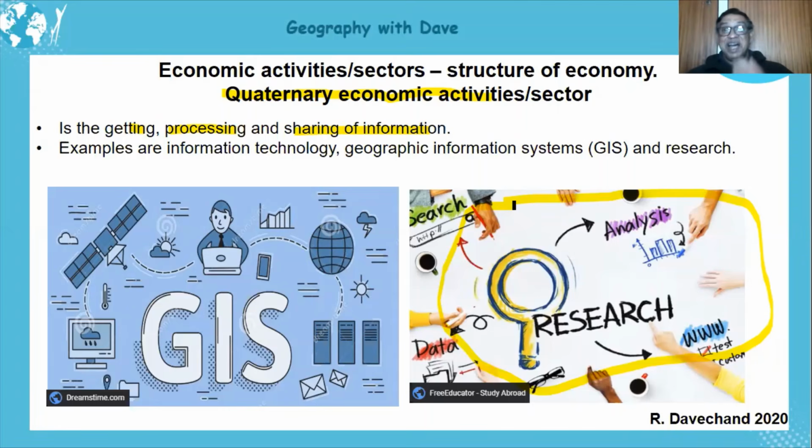Because you research new things, you come up with new ideas to improve development for machinery, whatever. And then we have things like sharing of information, GIS, geographic information systems. You should know it by now. All right, how information is shared and manipulated. You understand, where you can draw up your maps, you can find areas that are good, you can observe things, all right, through digital stuff. Okay, so that's your quaternary.